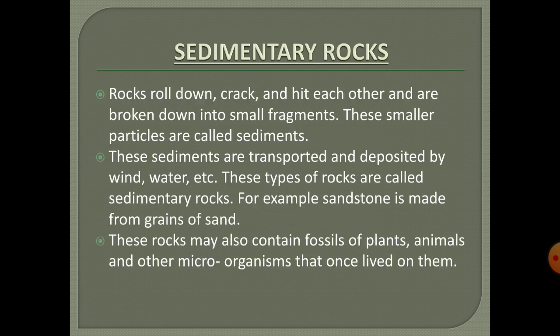So now, sedimentary rocks. Rocks roll down, crack, hit each other, and are broken down into small fragments. These smaller particles are called sediments. These sediments are sometimes transported and deposited by wind, water, etc. These types of rocks are called sedimentary rocks.